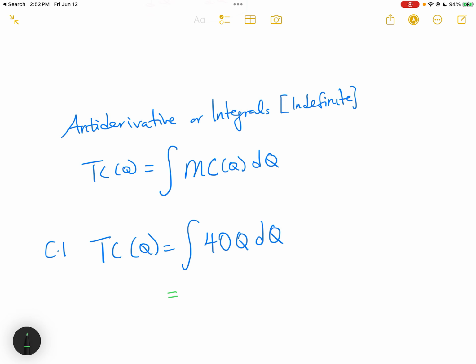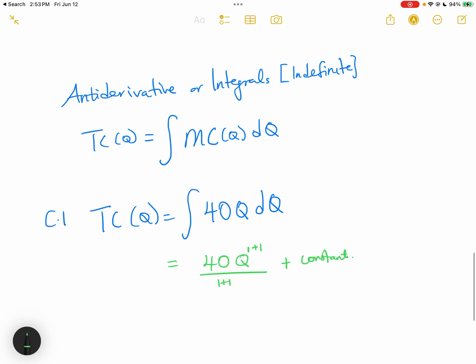Well, to back out the total cost, we will have to take the 40 and that q. In the power of q, there is 1, right? Q to the power 1 can just be written as q. Well, we add 1 in that power and divide the whole thing by that 1 plus 1. Are we done? No. We also have to acknowledge a constant here. Why? Well, think about this. This is total cost that we're trying to find. So when we do write the total cost, it will be 40 q squared over 2 plus the constant.